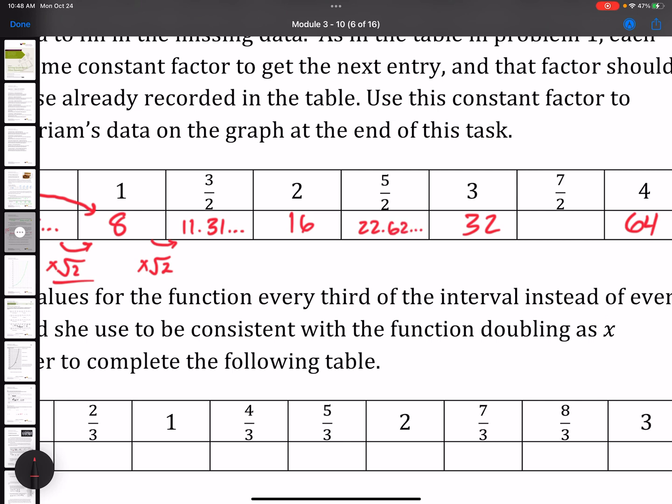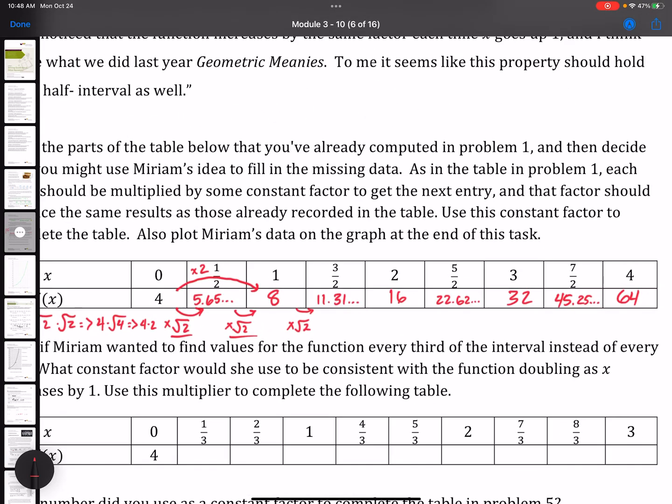And then I've got 32 times the square root of 2, that's 45.25 ellipsis. Okay, wow. So those numbers are kind of grody, but they are accurate, because when we multiply them by the square root of 2 again, we get that whole number.